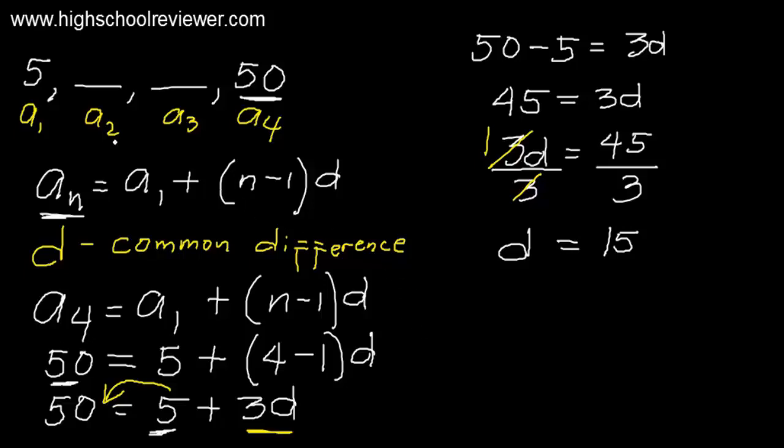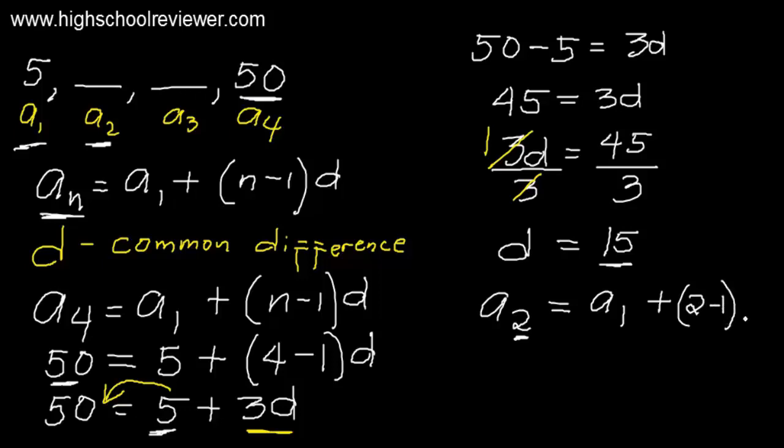Okay, so to solve for a sub 2, we will just add 15 to a sub 1. Again, using this formula, a sub 2 would be equal to a sub 1 plus n minus 1 multiplied by 15. Since this is the second term, our n here will be 2.